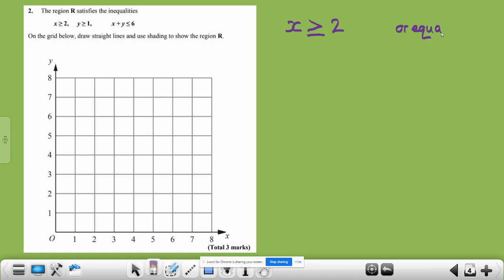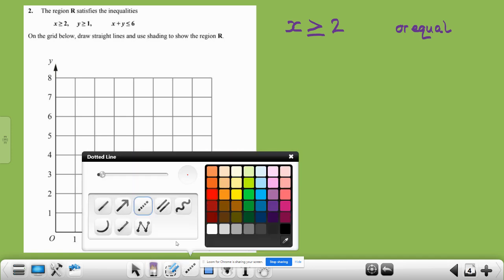So x could be 2, or it could be greater than 2. So when we're drawing this line, because it includes x being equal to 2, then we use a solid line rather than a dotted line to show that that line is included within our region.